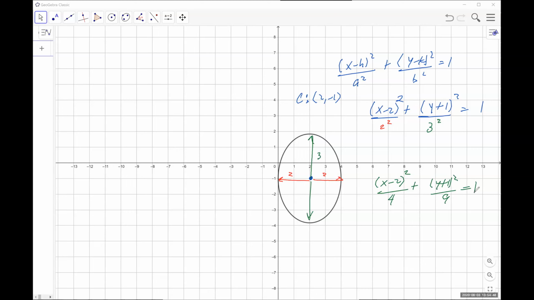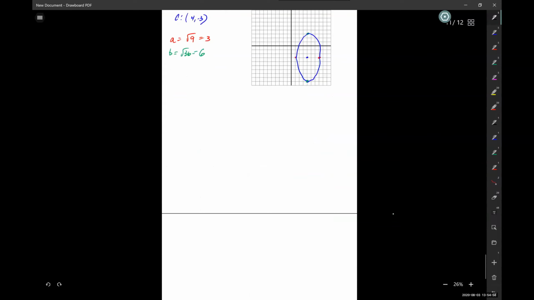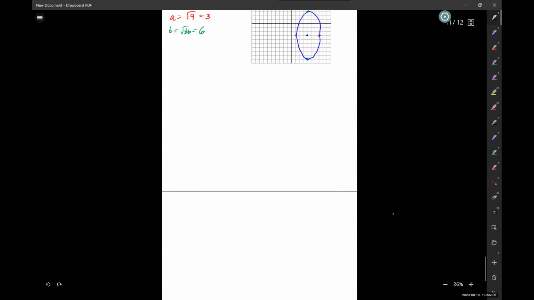All right, so the last one I want to deal with. Back to the whiteboard. Which is the ellipse. Sorry, not the ellipse, we just did the ellipse part. Hyperbola.